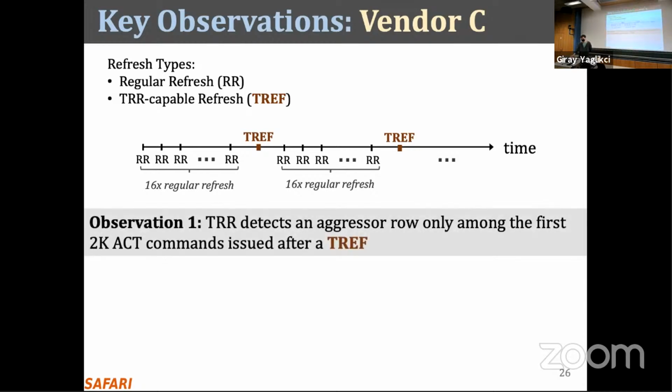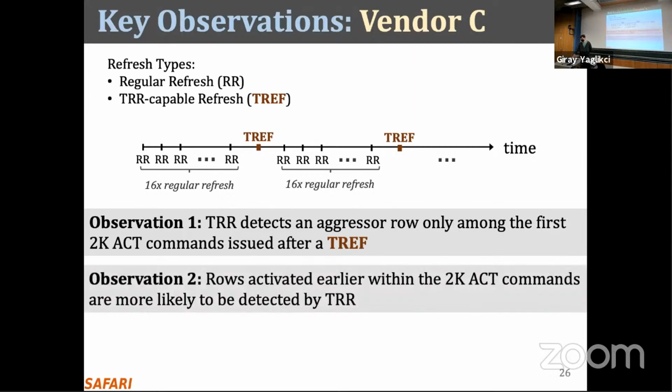First, we observe that TR detects a row across only the first 2K activations following a TR-capable refresh command. Row activations performed after the first 2K activations are basically ignored. The TR mechanism is not taking them into account when deciding which rows to refresh.